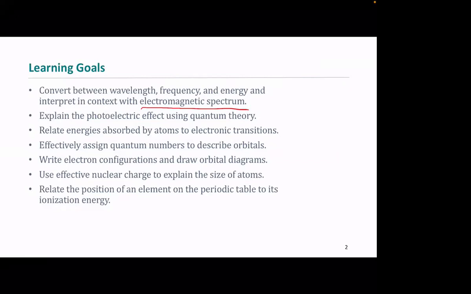Write electron configurations. So the two most important things that come out of this chapter for chemists, if you will, are writing electron configurations and understanding how the periodic table structure can be explained based on quantum theory. So a good chunk of your exam will be this, and the rest will be the quantum theory development.